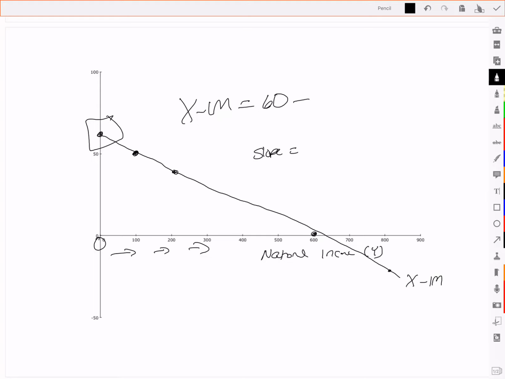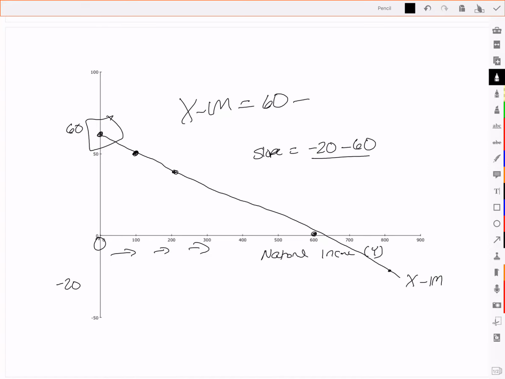So we're going to look at the change in net exports divided by the change in income. So net exports go from 60 here to a negative 20. So to find the slope, we end up at negative 20, and then we subtract the 60 we started at.